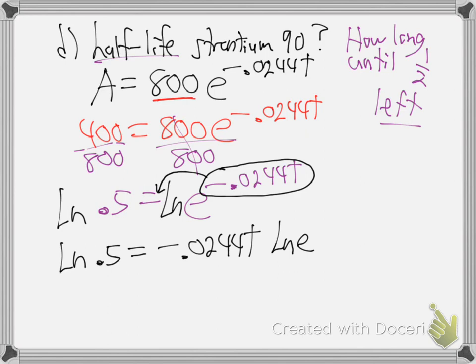So bring the whole power down, and ln of e, that's just 1, isn't it? That's just gone. How do we finish solving for t? Just divide by minus 0.0244.